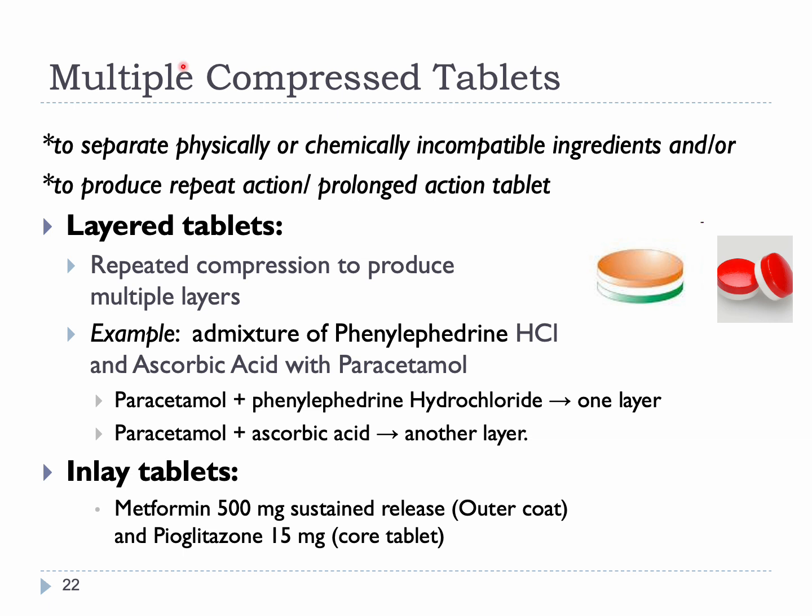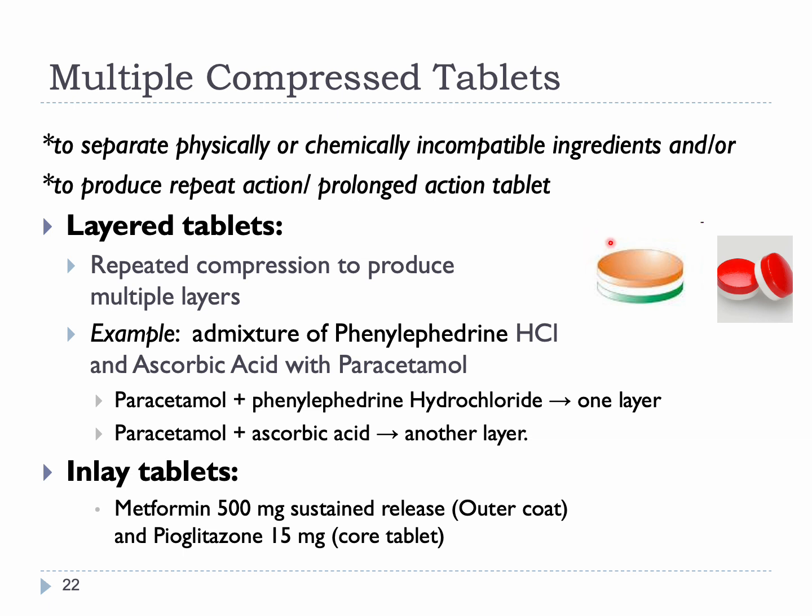Multiple compressed tablets are a special kind of compressed tablet. In this kind of tablet, there are multiple APIs, and the APIs can be incompatible, or when mixed together, they can have some physical or chemical reaction or degradation.